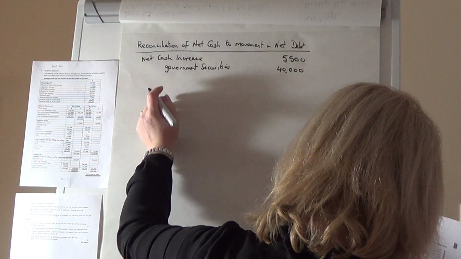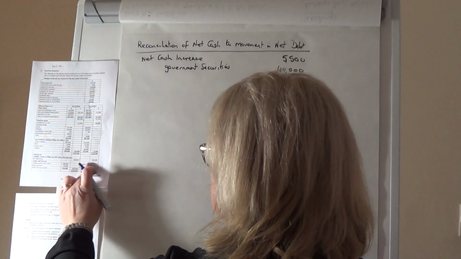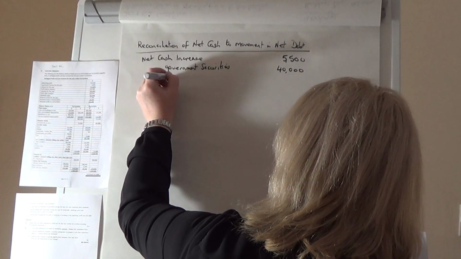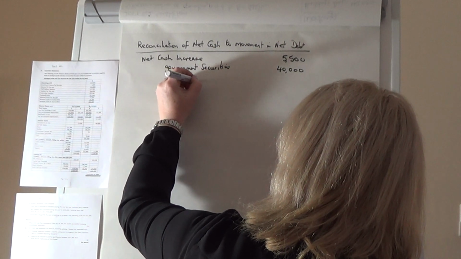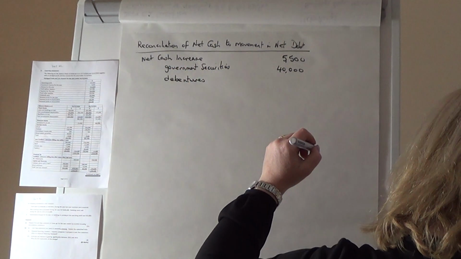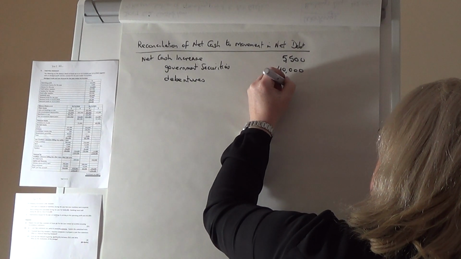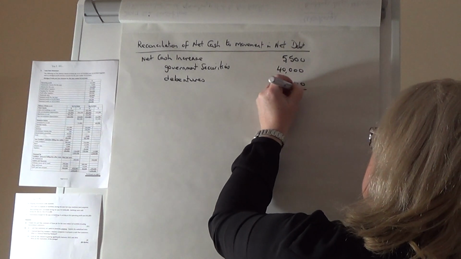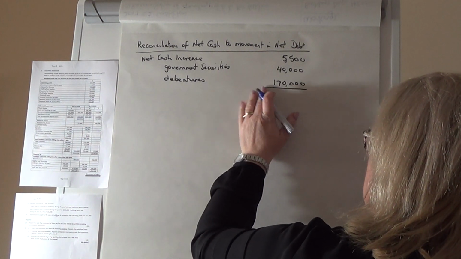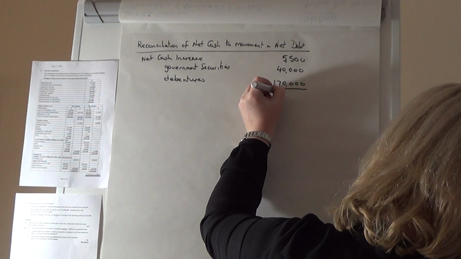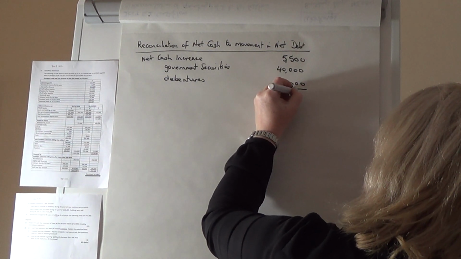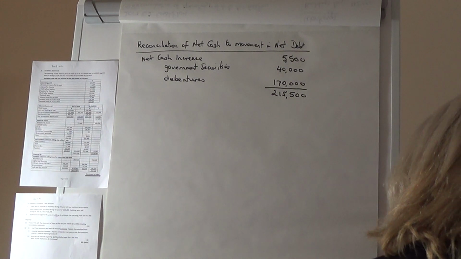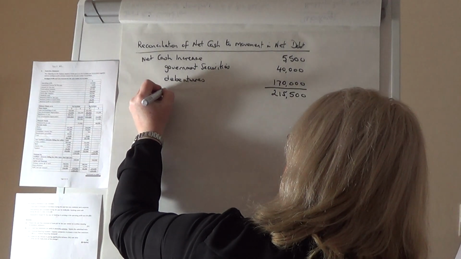And we also used money to repay our debentures. So again, the debenture movement there was 170,000. So if we just reverse the effect of that cash movement, it is for 215,500. That's the change.